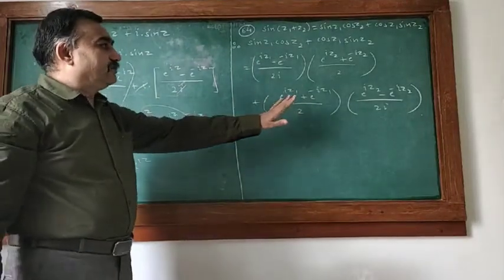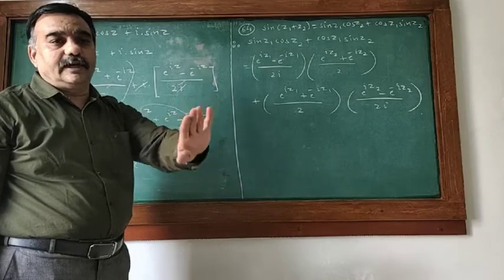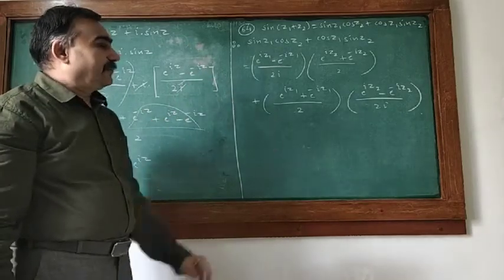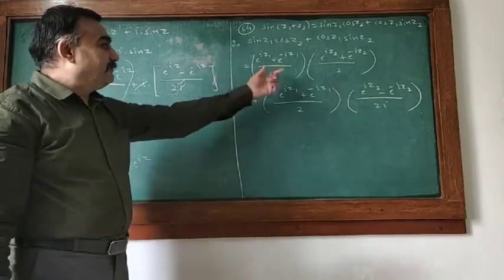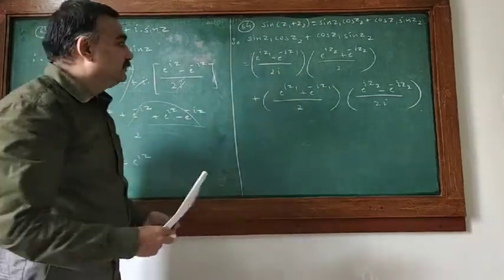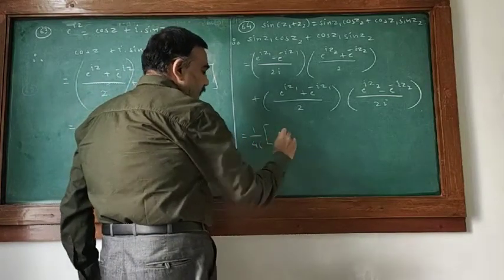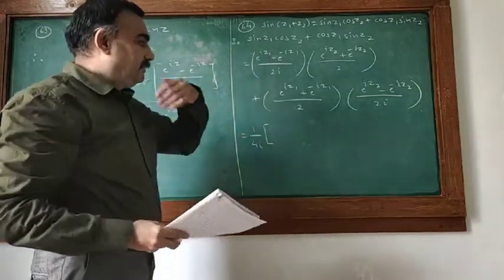All these are the definitions of cos z1, sin z1, cos z2, sin z2. Now we simplify. If we multiply the denominators, 4i is in common. So this is equal to 1 upon 4i, and now we simply open the brackets.